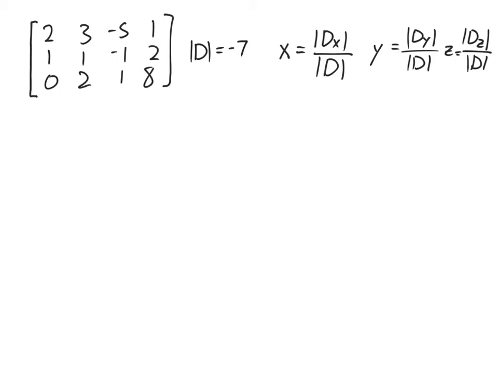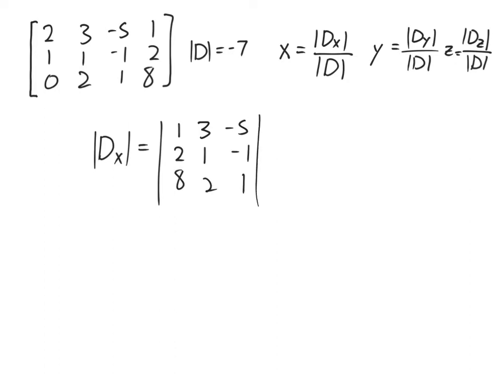So now we need to find d sub x, the determinant. What that's going to be is the determinant of the matrix if I take this answer column and replace it with my x column. So it's going to be the determinant of 1, 2, 8, and then everything else stays the same. If you see what I did, I replaced this with this, and then these stayed the same.